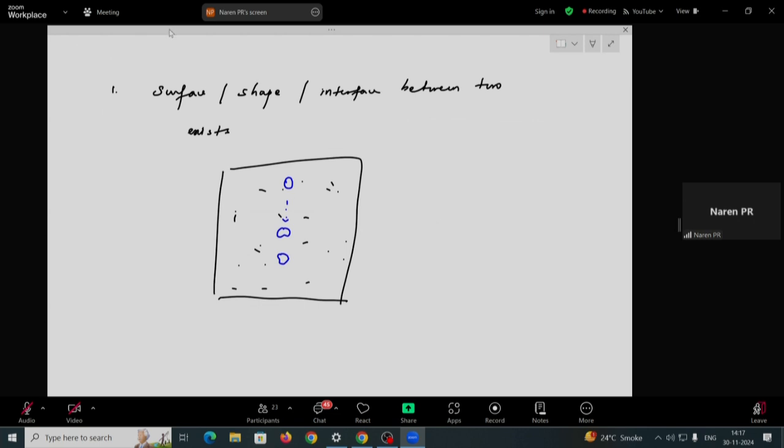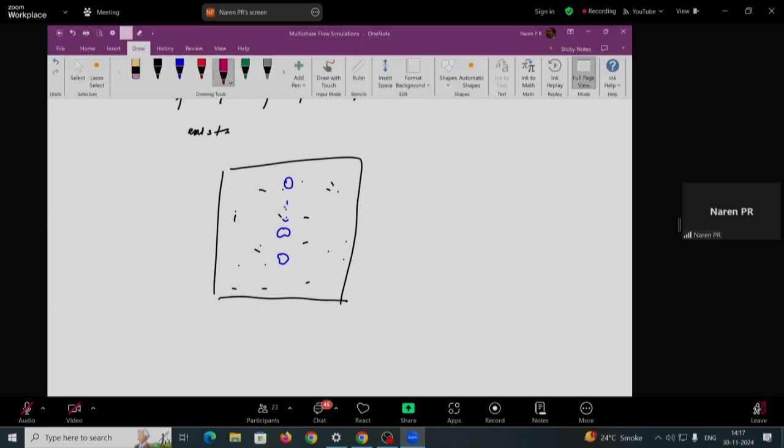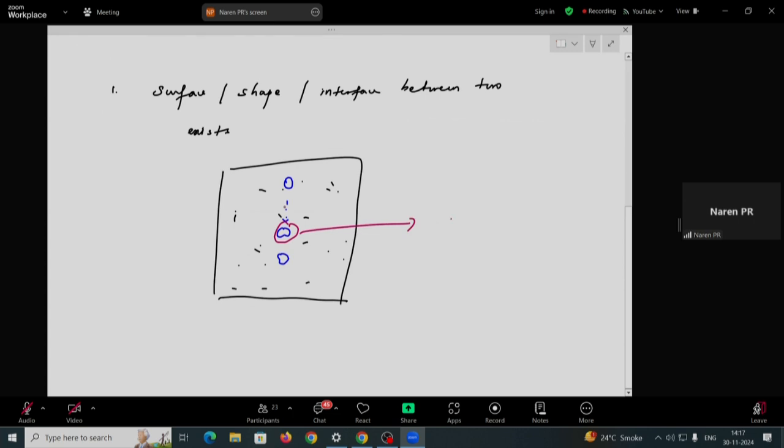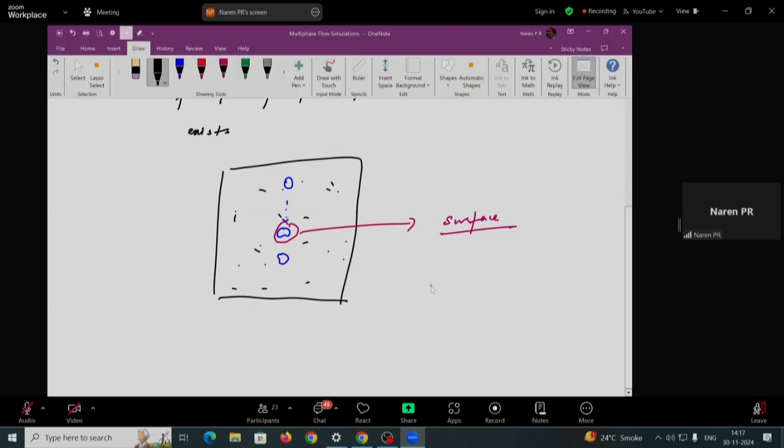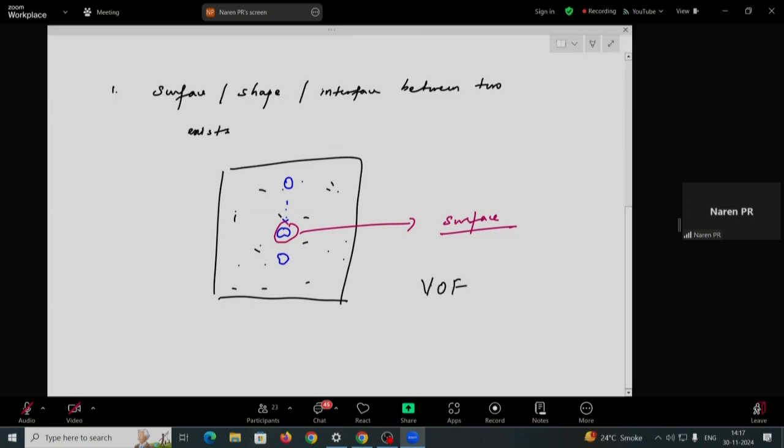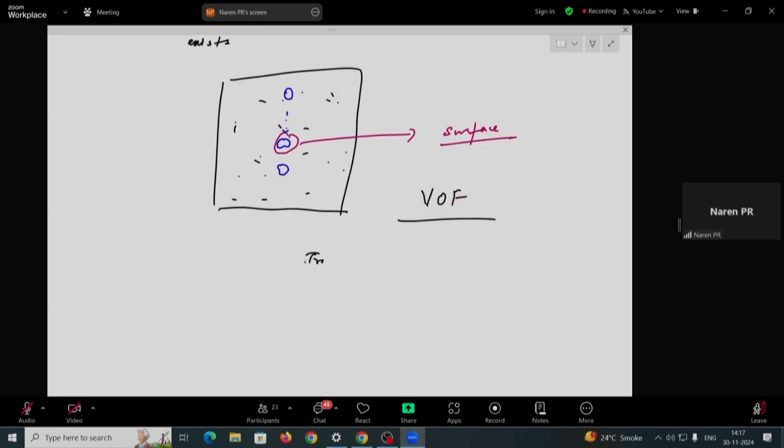If you are interested in capturing this surface, then we do this by something called the volume of fluid approach. In the volume of fluid approach, we track the interface of each of the dispersed phases. So if there are 10 bubbles, the interfaces of all 10 bubbles have to be tracked.